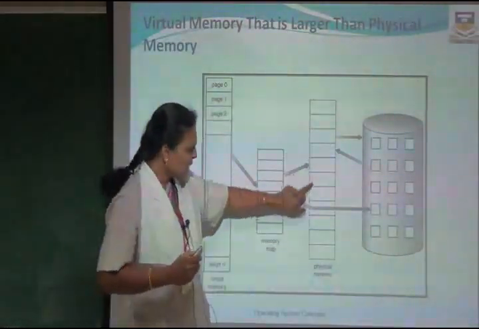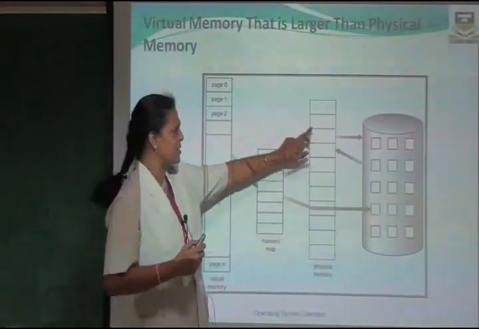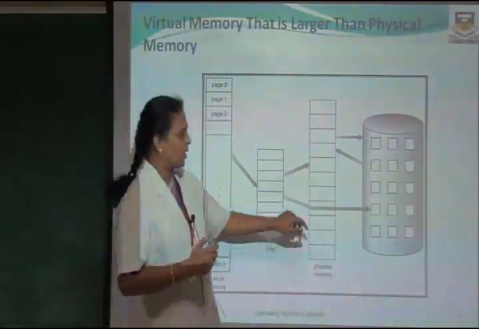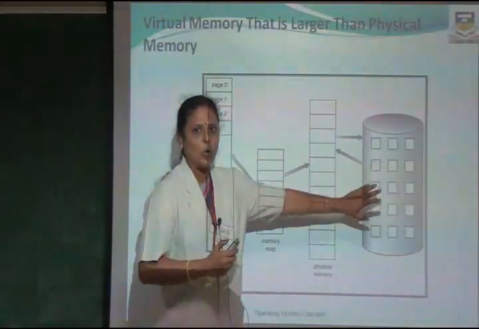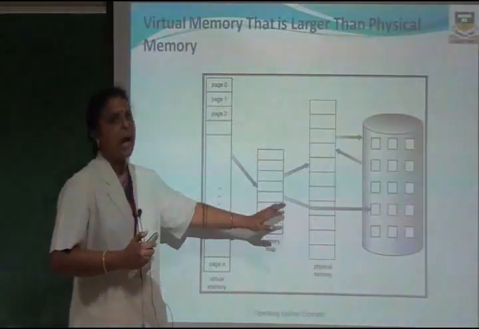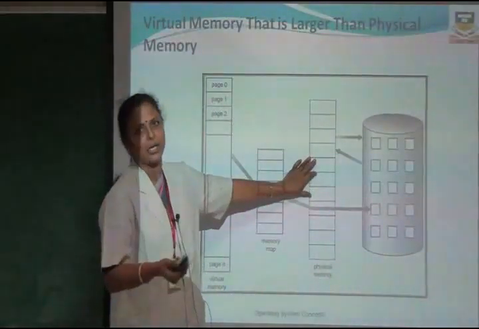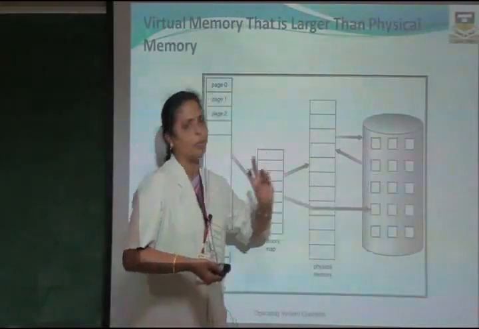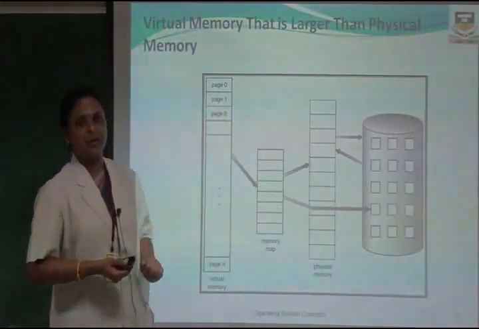And then this is our physical memory. That physical memory is divided into different frames, and the processes are loaded from the backing store into physical memory. A particular page that is not required or not necessary may be swapped out of the physical memory.